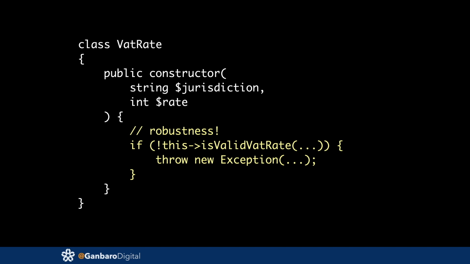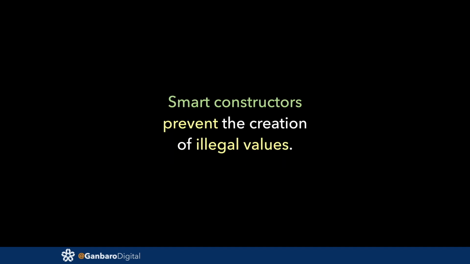So anytime we have more complex input validation, it's very normal to move that into a separate function and call it from your constructor. This is a style of programming you're probably already doing. It's very normal. And that's it. That's all smart constructors do. So what we can say about smart constructors is that their job is to prevent creating illegal values. That's how you decide whether your smart constructor works or not.